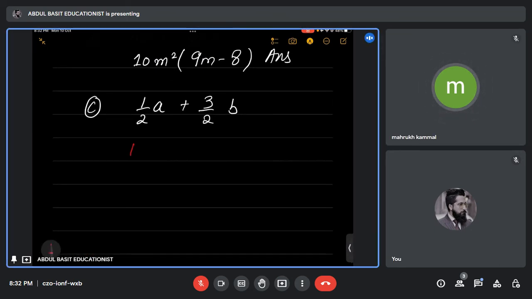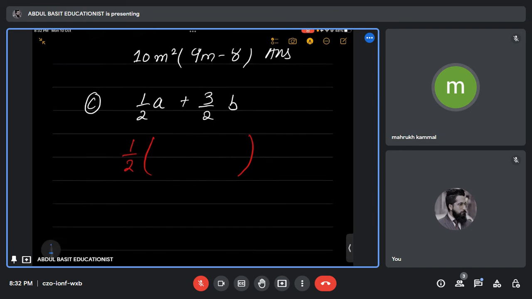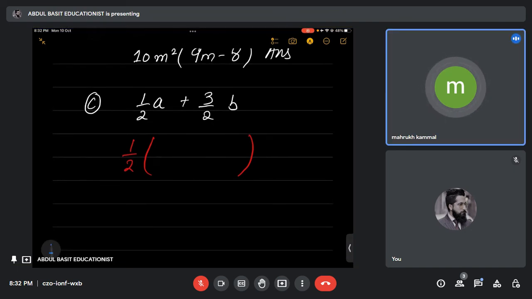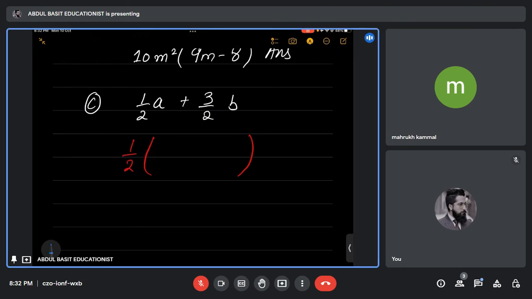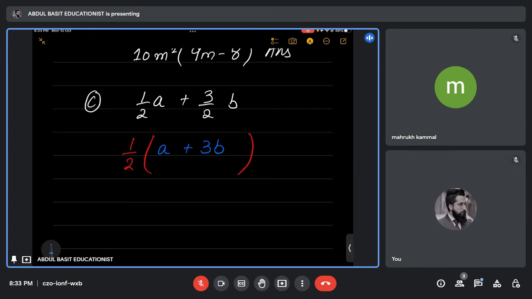So can I extract 1 by 2 as common? Yes or no? सर 1/2 क्यों कॉमन लिया है बेटा. मुझे 2 को नीचे अकेला कैसे लिखूं मैं? ऊपर कुछ तो लिखना पड़ेगा ना मुझे. Okay, जी, so a plus 3b. Get it? So this is also my answer.